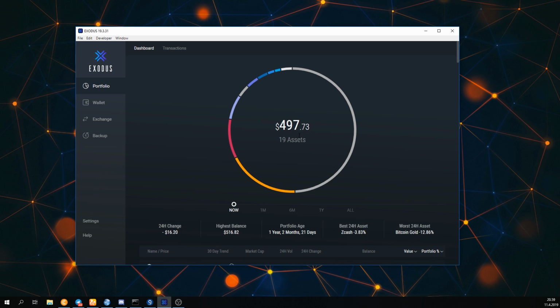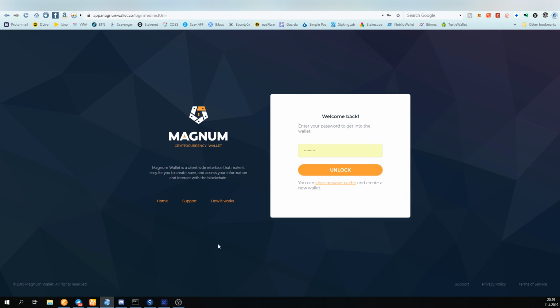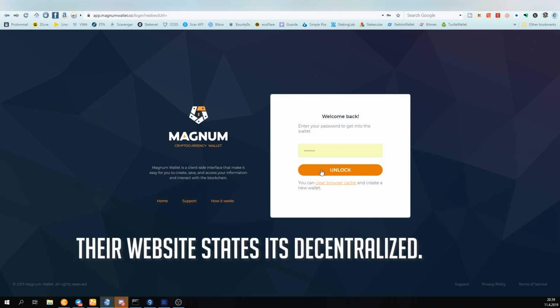Obviously there are a lot more Bitcoin coins, so that's why we have to go into another service. This is called the Magnum cryptocurrency wallet. It is an SSL verified site. There's also some type of protection algorithm that they were using. I don't remember what that is right now, but I already have an account.